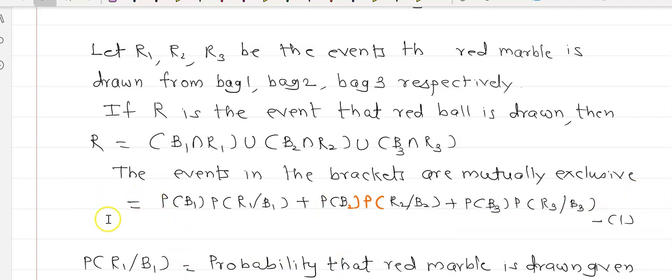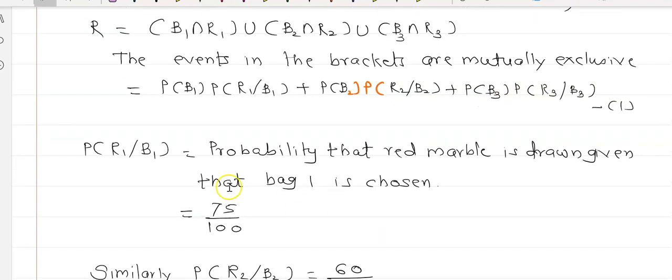Therefore, the probability of R is equal to probability of B1 into probability of R1 conditional B1, plus probability of B2 into probability of R2 conditional B2, plus probability of B3 into probability of R3 conditional B3. This is the formula. Now we'll find out one by one. Probability of R1 when the bag B1 has been chosen, that is the probability of a red marble drawn given that the bag B1 is chosen, is 75 upon 100.